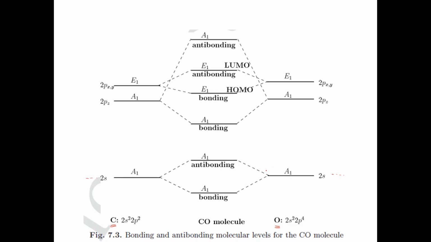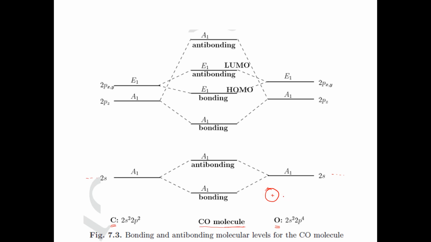So what this is telling me is that when I construct the CO molecule, I will form 2 linear combinations of s orbitals, but both transform like A1 representation, right? They are totally symmetric representations, but they are bonding and anti-bonding.